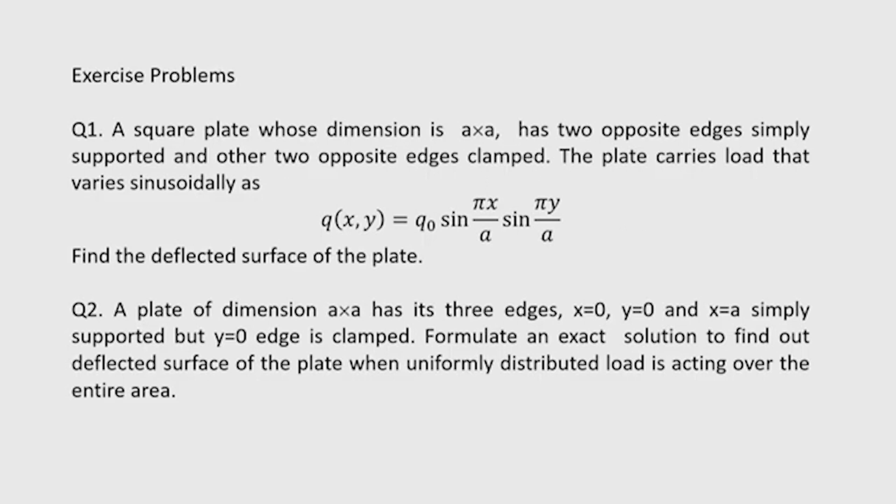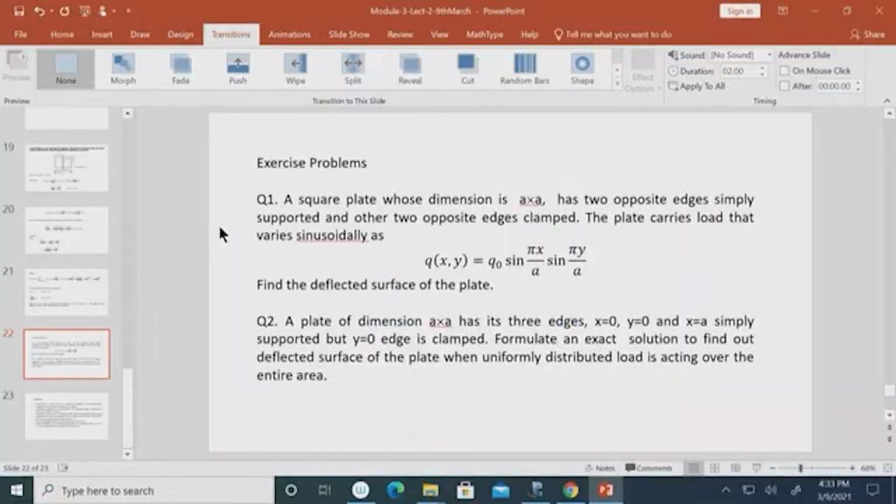So, let us formulate an exact solution using the Levy's method to find out the deflected surface of the plate when there is uniformly distributed load acting on the entire area. Let us solve this problem and show you how it can be tackled using the method that we have learned in Levy's condition.